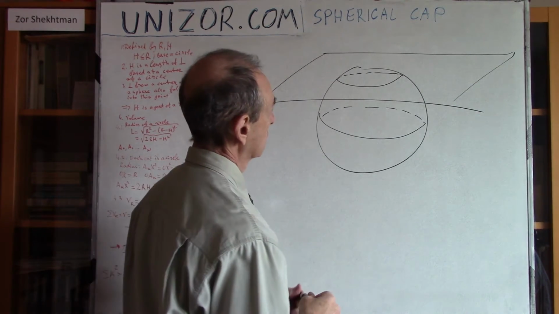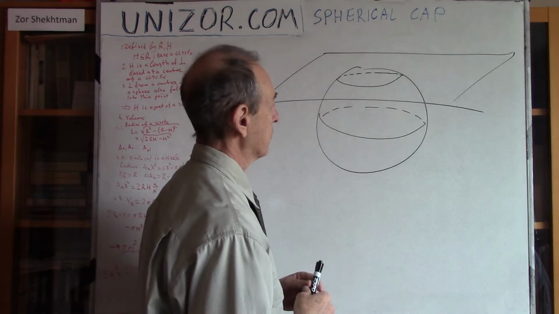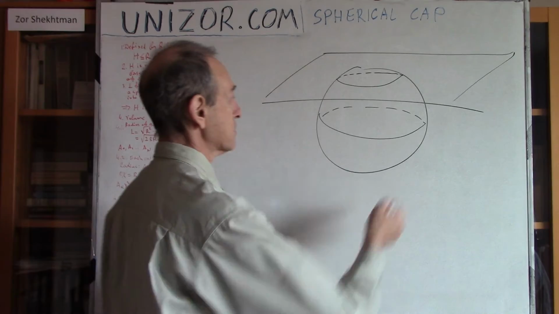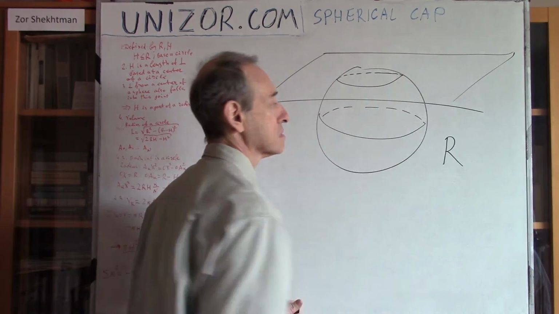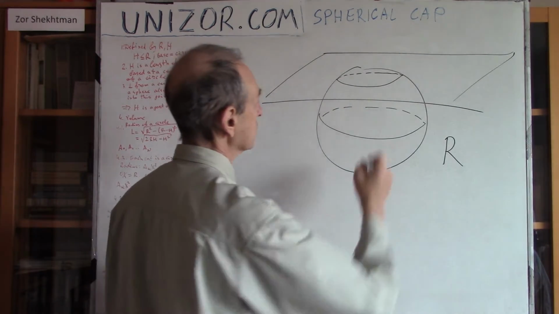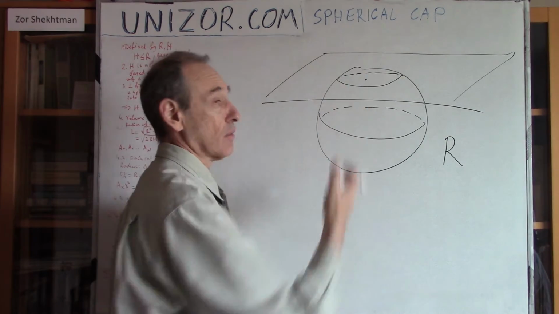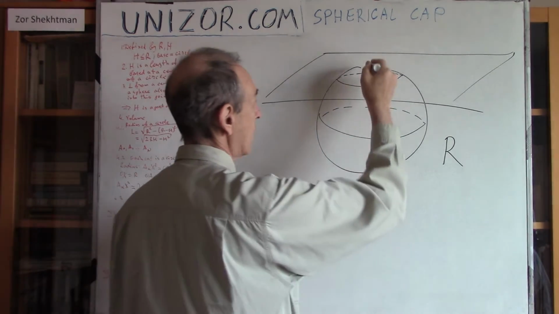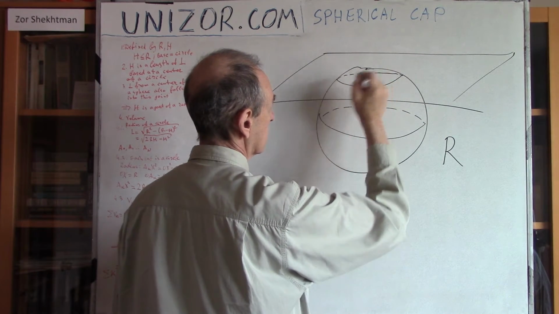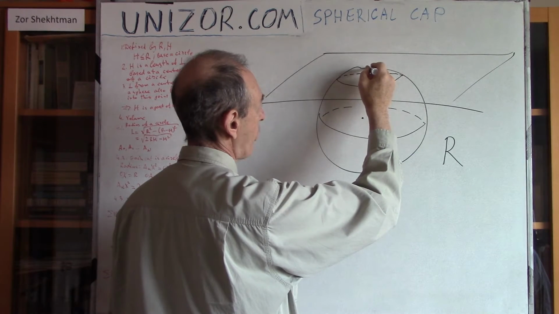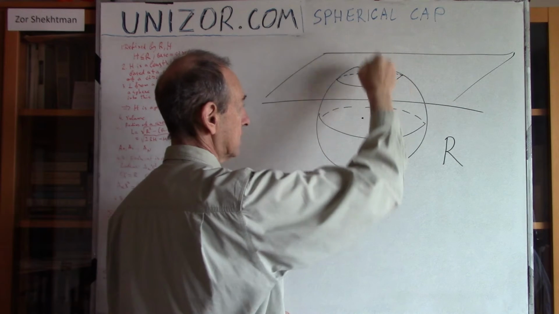First of all, how can we define this particular spherical cap? Which parameters should we use? Obviously we need to define the sphere, and that's the radius which defines it. And also another very important characteristic, which characterizes the cap itself, is its height. Its height is basically the length of the longest perpendicular from the dome of the cap down to its base.